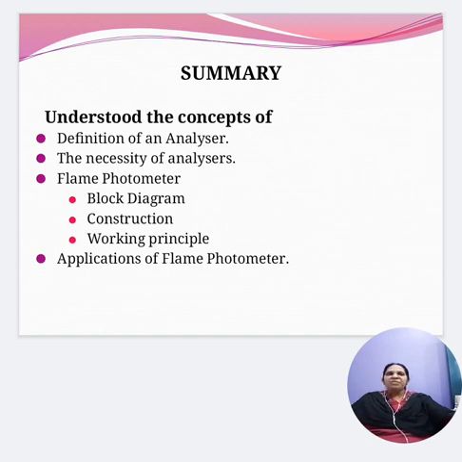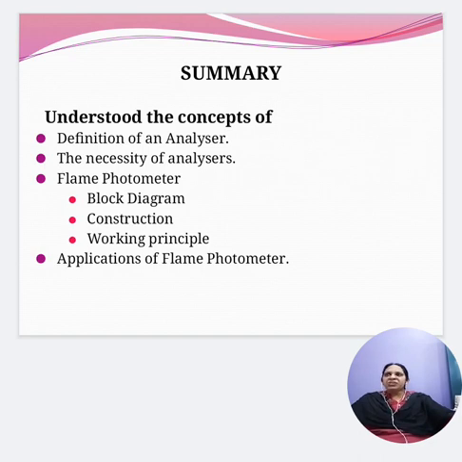We have the emission system, the optical system, and the detection system. The basic constructional features of a flame photometer are these three parts: the emission system, the optical system and the recording system.